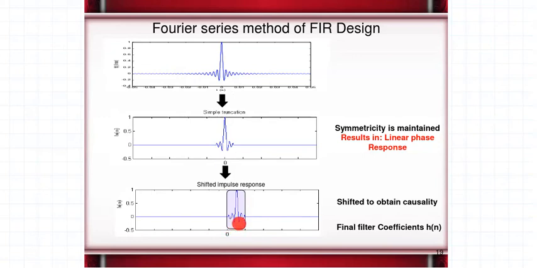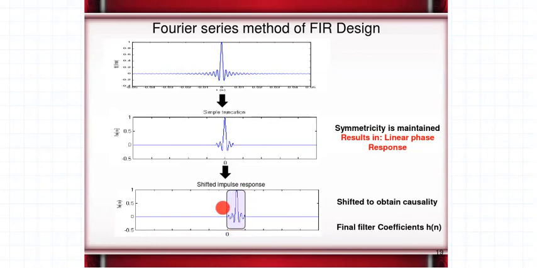It should be of finite duration, so we have obtained a finite impulse response. Secondly, we have obtained a symmetrical impulse response. If you see here, coefficients are symmetrical, right? And the third thing that we have done is we have also maintained the causality, right?